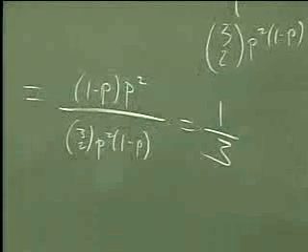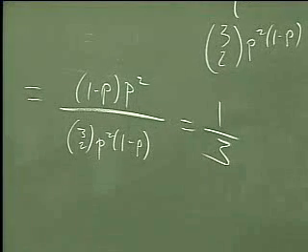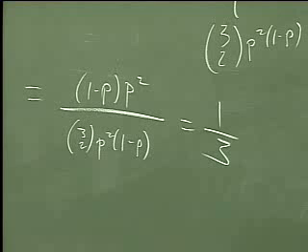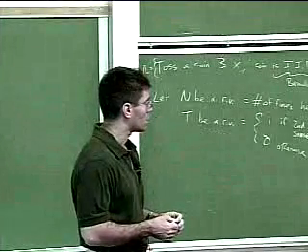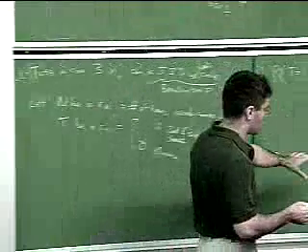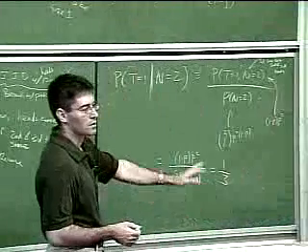So given that heads comes up twice, what's the probability that the second and third tosses are the same? It's 1/3. It doesn't even matter what p is. Pretty neat, huh? I think if p is 0 or p is 1, you may have some trouble, but otherwise.